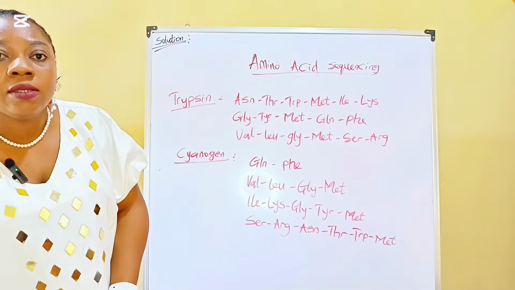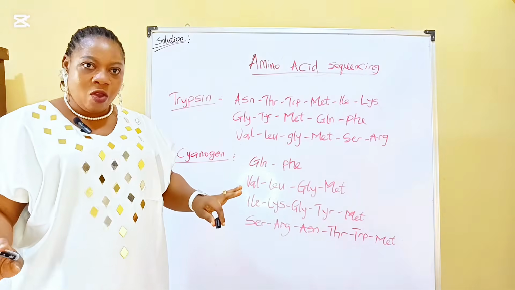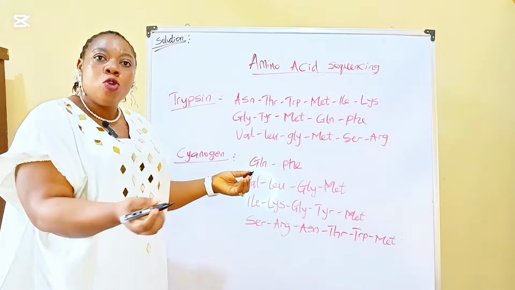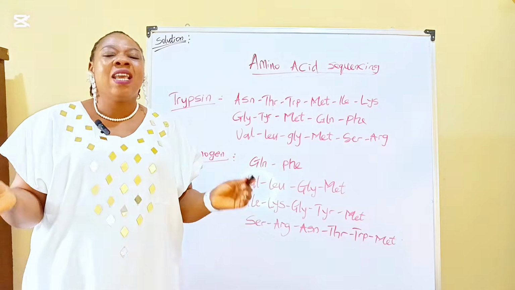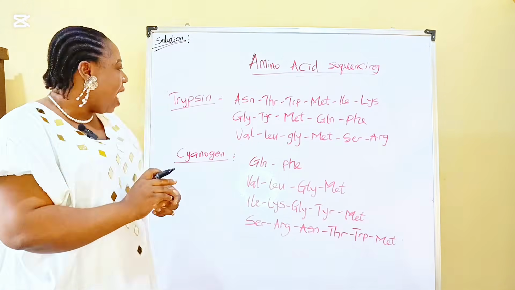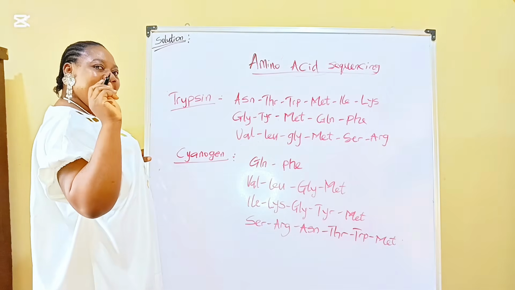Now let's solve it together. When you see a question like that, where they tell you that they subject the sample to trypsin treatment and cyanogen bromide treatment, just remember what we've discussed previously: trypsin will break at the C terminal.